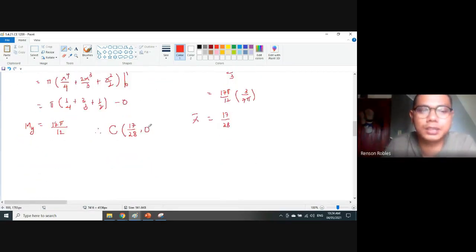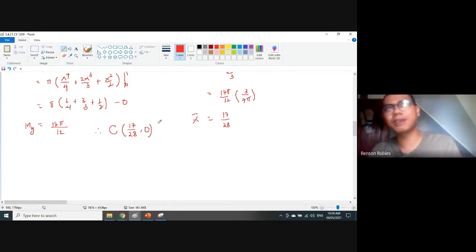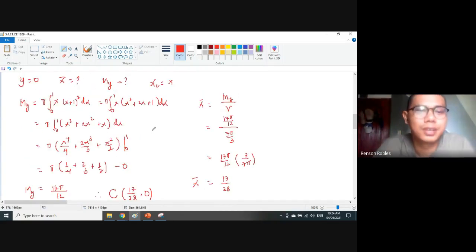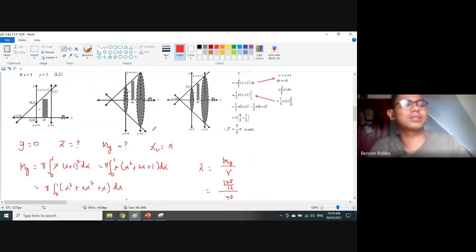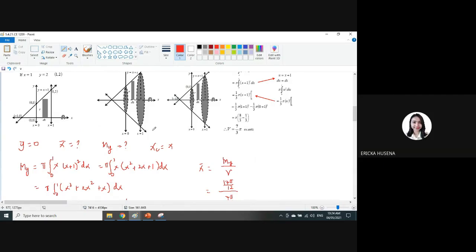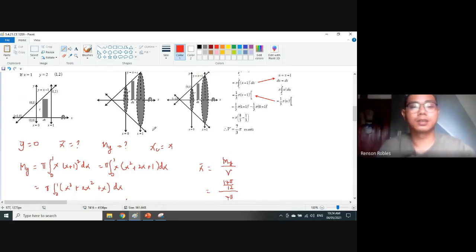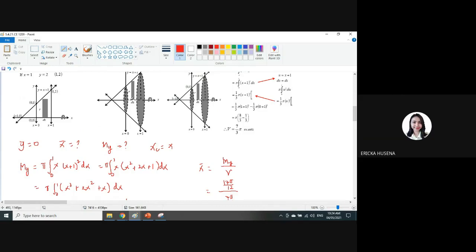17 over 28, 0. And you have to check whether this is still inside the solid or not. If it is outside the solid, then we got it wrong. So 17 over 28, can you execute this on your calculator just to verify? It's located somewhere here, 0.6, 0.64.